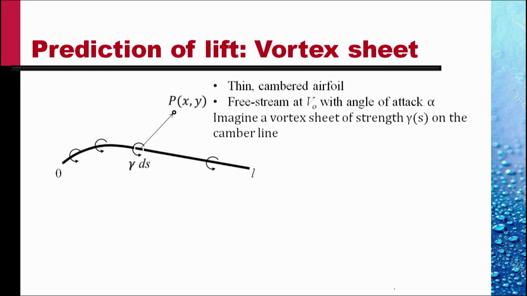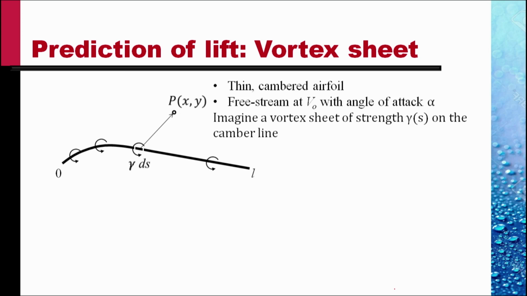So, what we do is we predict the lift by introducing a vortex sheet in much the similar manner as we did with the source sheet. This vortex sheet is now laid along the camber line of the airfoil. The thickness of the airfoil does not contribute to the lift. So, to the first approximation of the flow, we can forget about the thickness and worry only about the camber line.